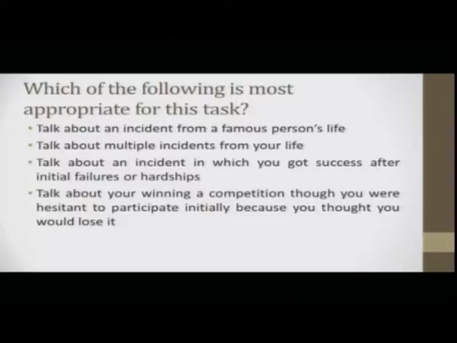Talk about multiple incidents from your life. Talk about an incident in which you got success after initial failures or hardships. Fourth one, talk about you winning a competition, though you were hesitant to participate initially because you thought you would lose it. So, which one is most relevant for this task?